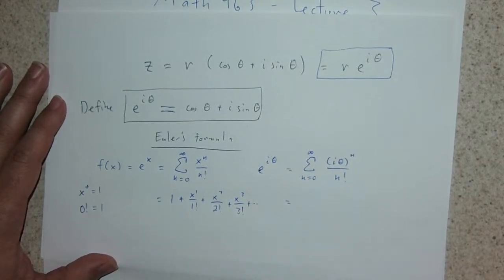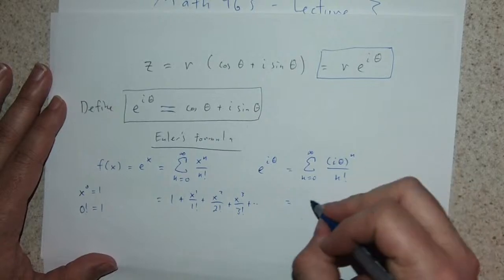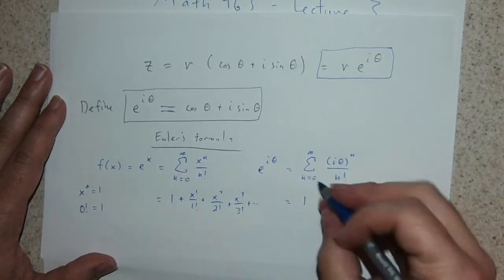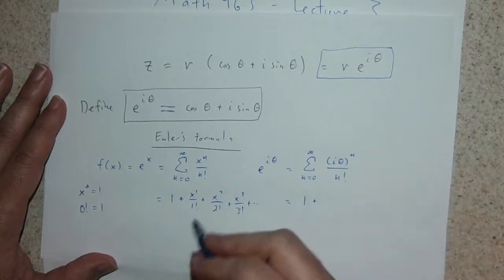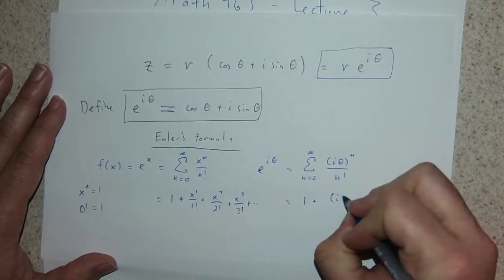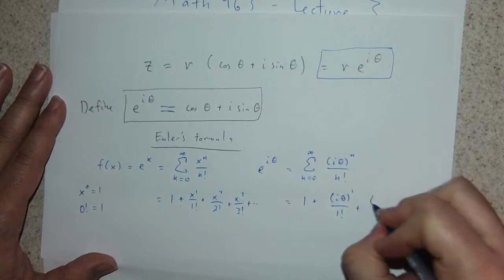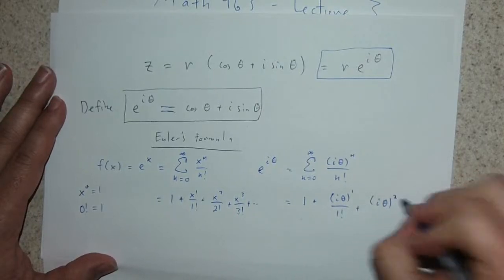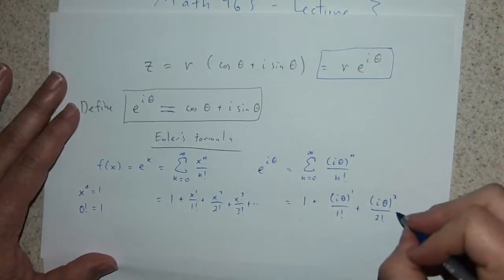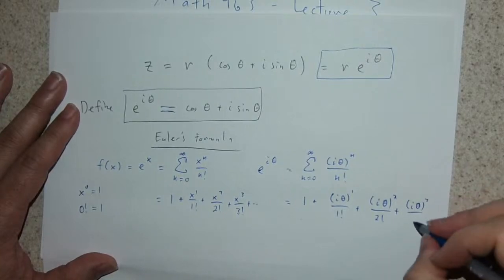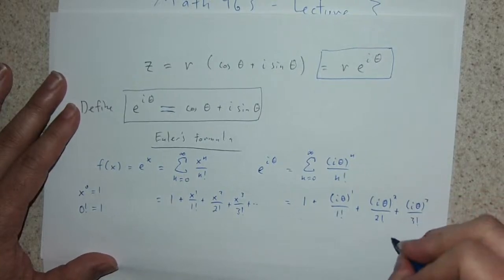So if I'm just formally plugging in i theta here, this would be 1 again, since the 0th term is always going to be 1, plus i theta to the first over 1 factorial, plus i theta to the second over 2 factorial, and so on. I'm actually going to write out a few more terms here, and you'll see why in a second.